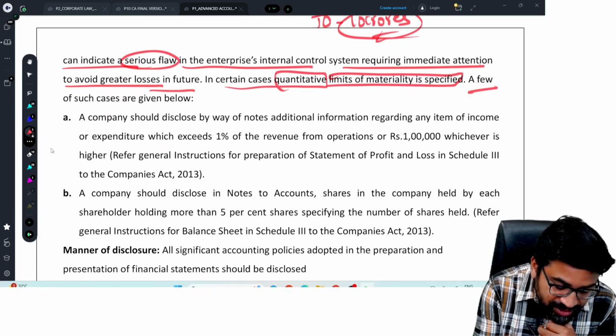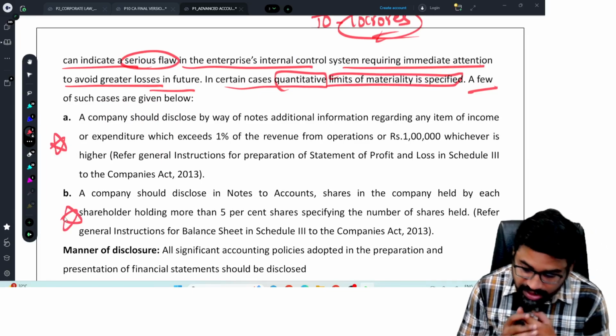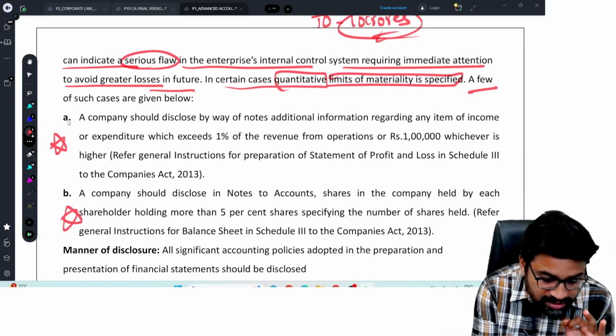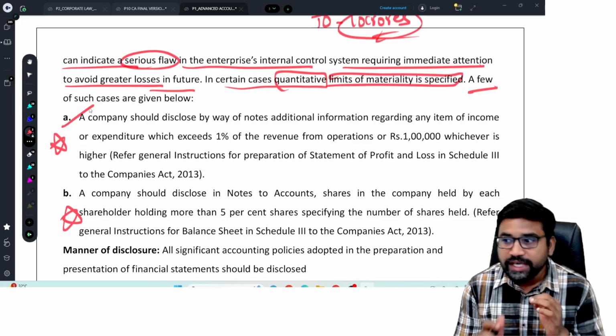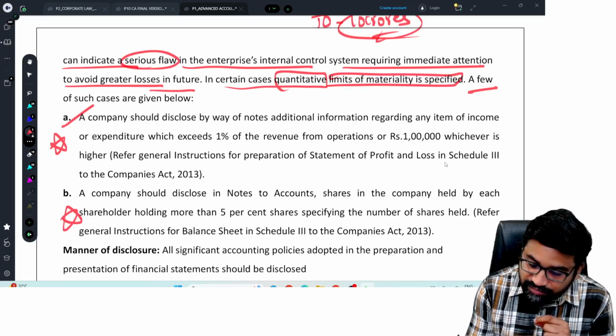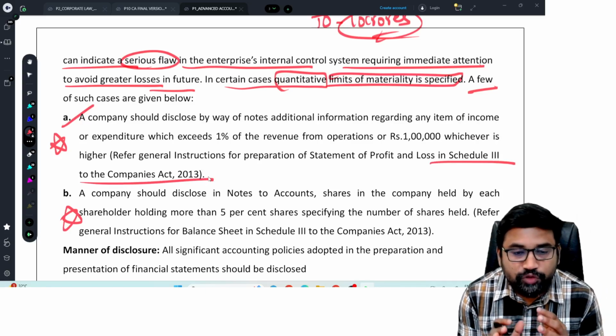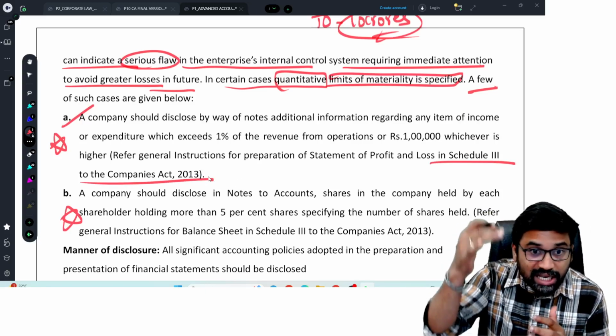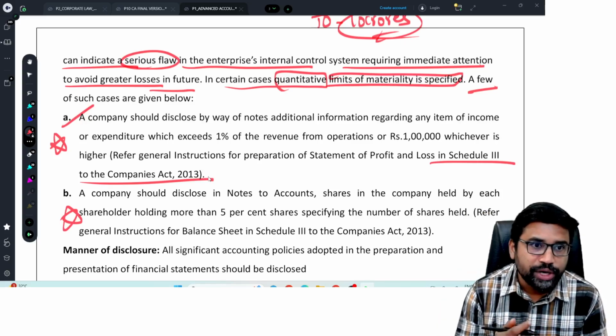Now these are very important. This one and this one are very important. I think this can become an MCQ. What this point is saying is, actually this point is taken from Schedule 3. If you read Schedule 3, P&L account, there is one point.